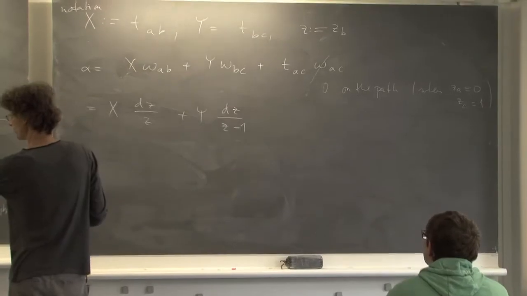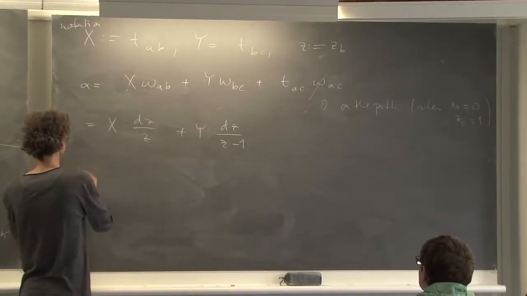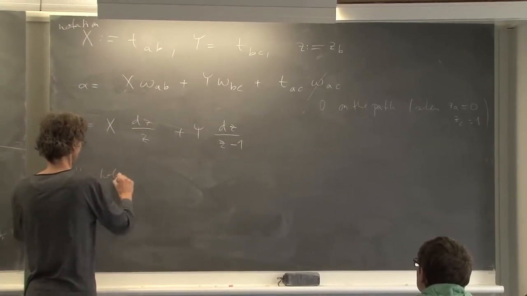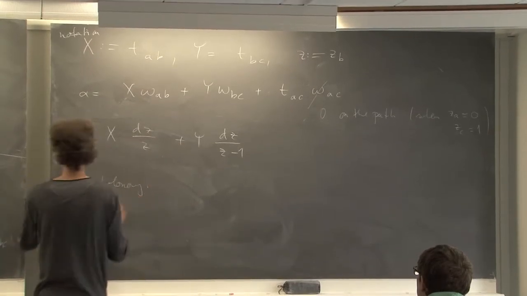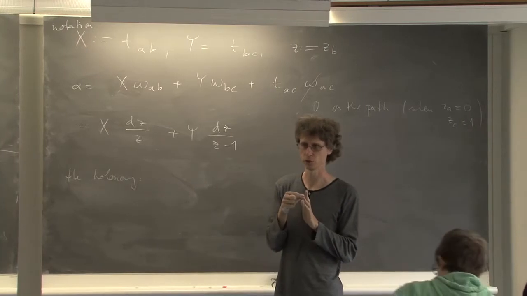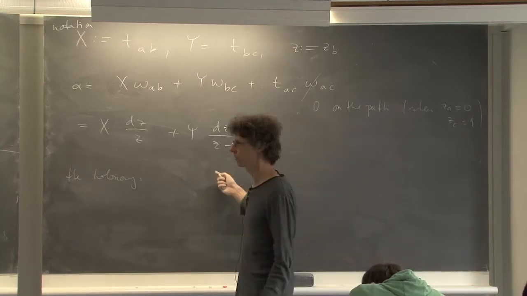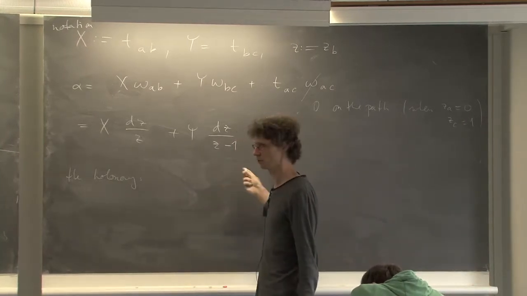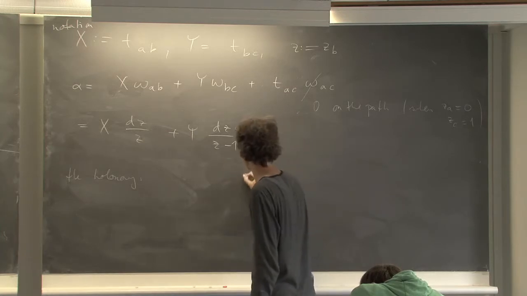And we would like to take this holonomy, that is, we're solving our ordinary differential equation. I don't know whether you know this kind of notation, but it's just notation for what it is.